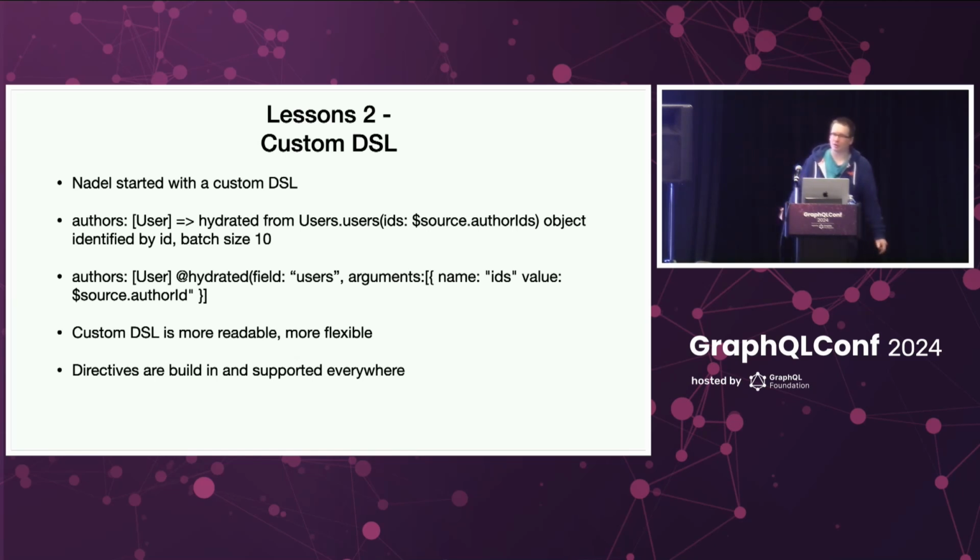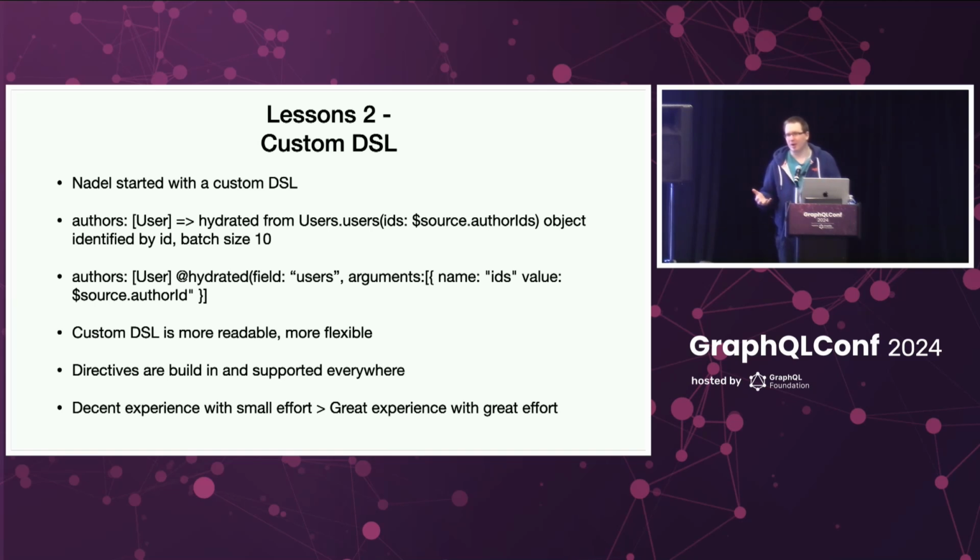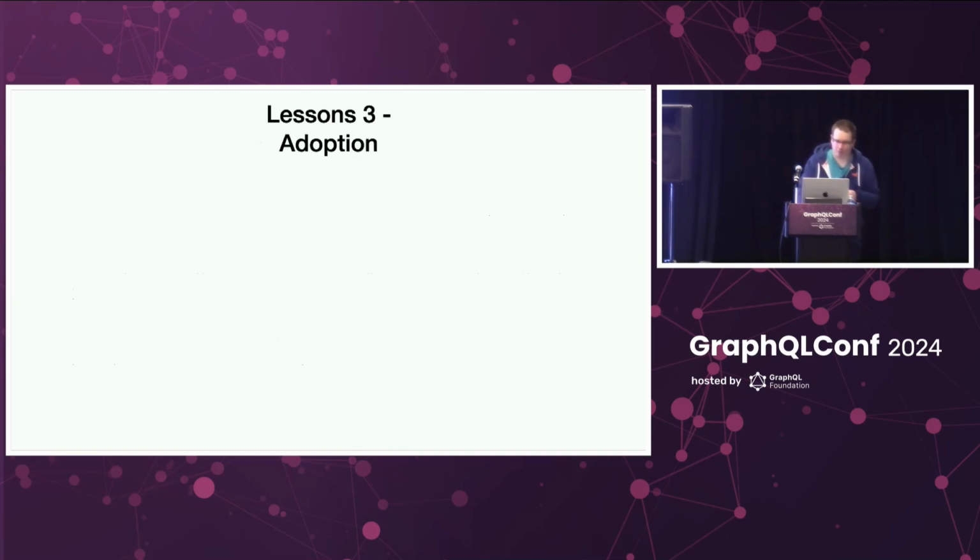They used different editors, not just IntelliJ, also Visual Studio Code, maybe even something else. They wanted to use custom parsers. There's a lot of stuff that directives, because they are built into the GraphQL language, are just supported out of the box. And running a custom DSL is simply such a big expense that we could not afford it. So we opted for a decent, or sometimes even good, experience over a great experience with great effort. So yeah, custom DSL is no more.